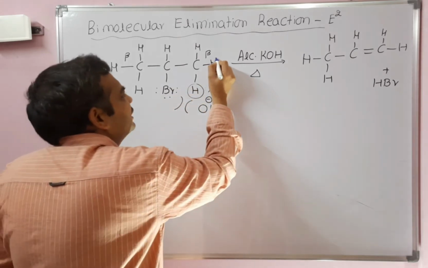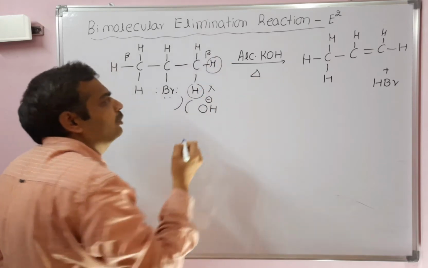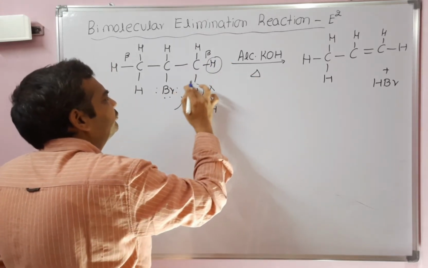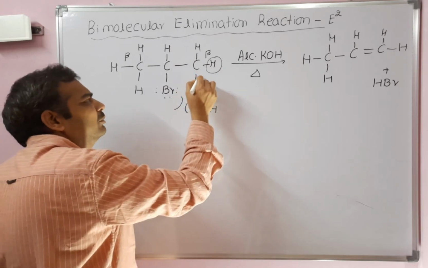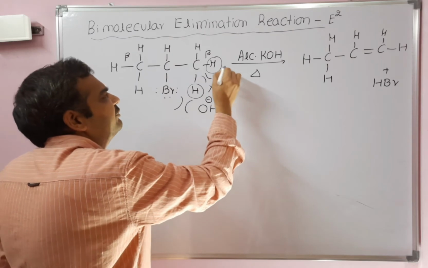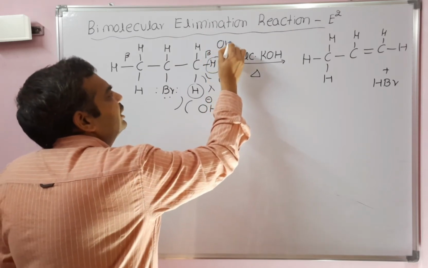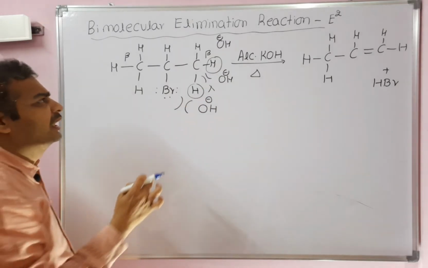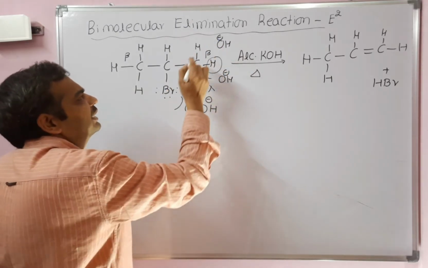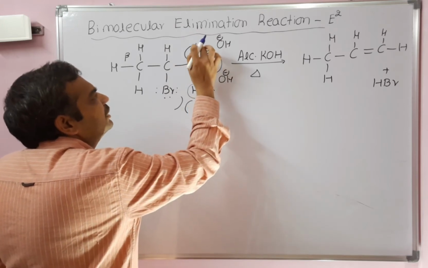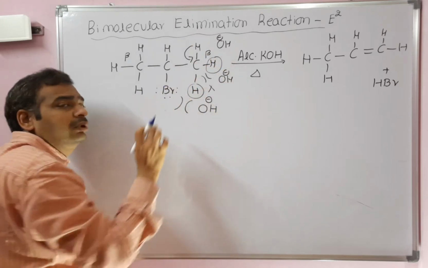Even here also, if it tries to abstract a proton at this position, it is still near to bromine. Here also some lone pair interactions will be available. Whereas if it abstracts a proton from here, this is far away from bromine, there are no lone pair interactions, so it is easy to abstract a proton which is opposite to bromine.